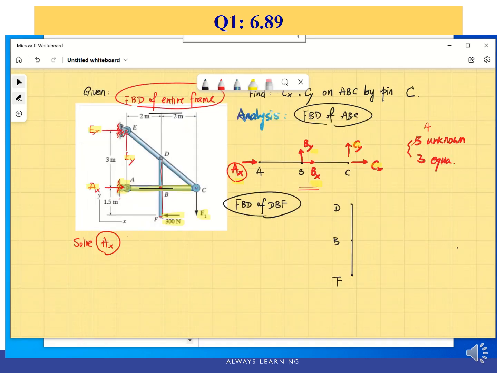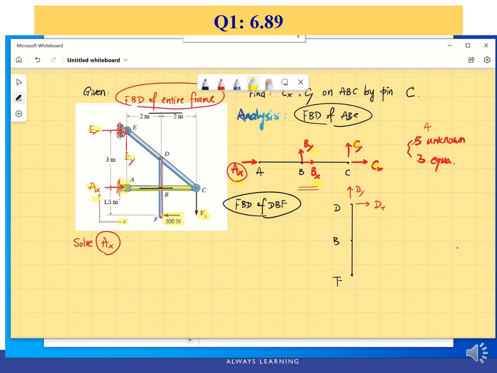Let's start from the top, which is pin D. When we take this member DB away from the entire frame, we need to take off the pin D, we need to take off pin B, but we need to leave these reactions there. So at pin D, there are 2 reactions, D of X and D of Y. This is the first time we show those reactions applied at pin D, so you can just assume they are both in positive X and Y directions, to make it simple.